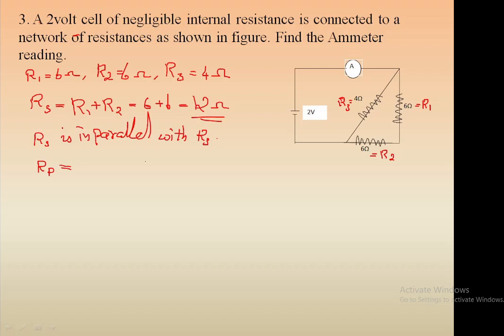Here Rs and R3 are the two resistances. So Rp is equal to Rs into R3 divided by Rs plus R3.